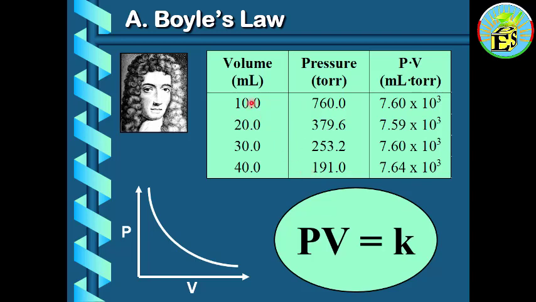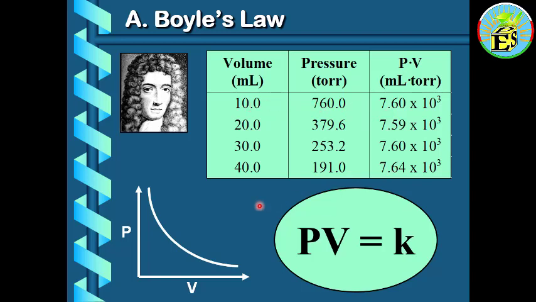So with increasing volume, pressure decreases, and with increasing pressure, the volume decreases. So the relation is inversely proportional, and P multiplied by V equals a constant. This constant comes from the third column, because if we multiply volume by pressure we get the same value.